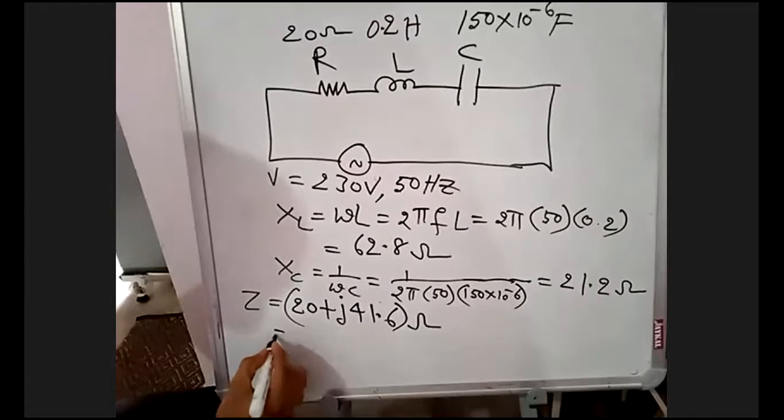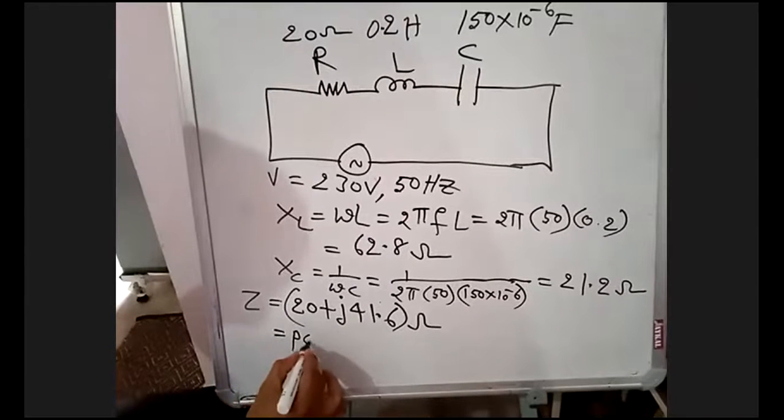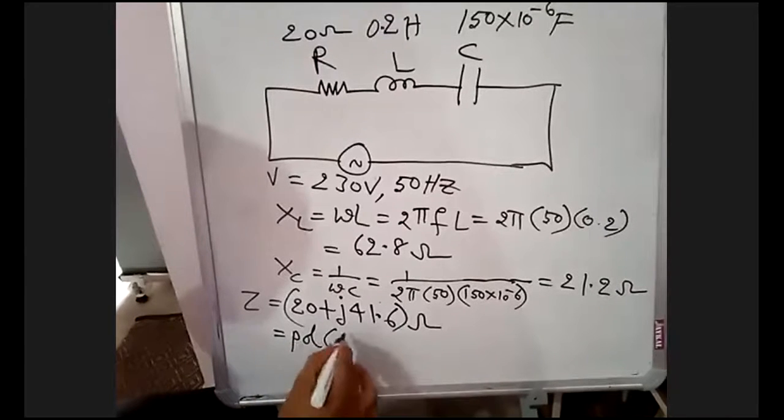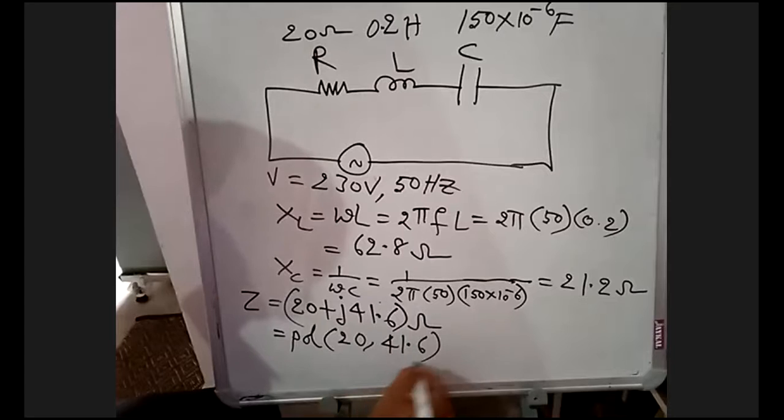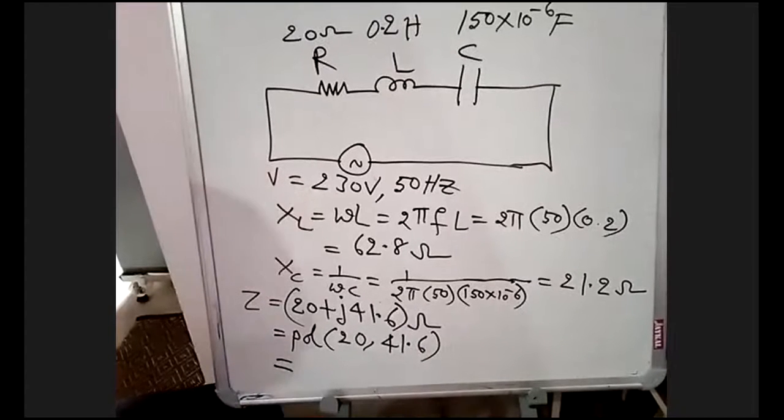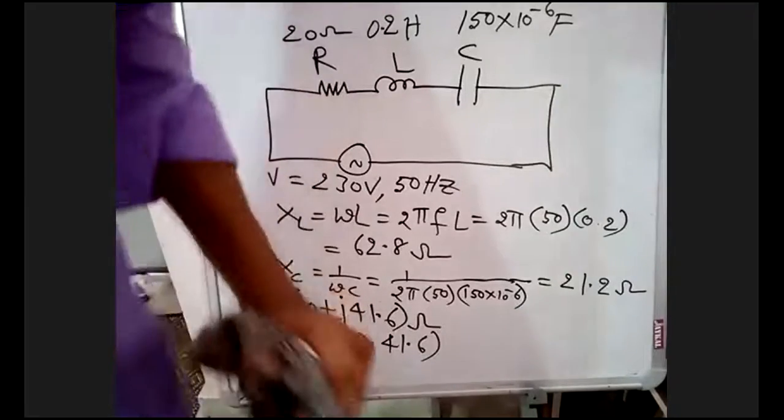Now convert this into polar form. This is in rectangular form. Take your calculators and convert this into polar form. Now tell me what value you will get.